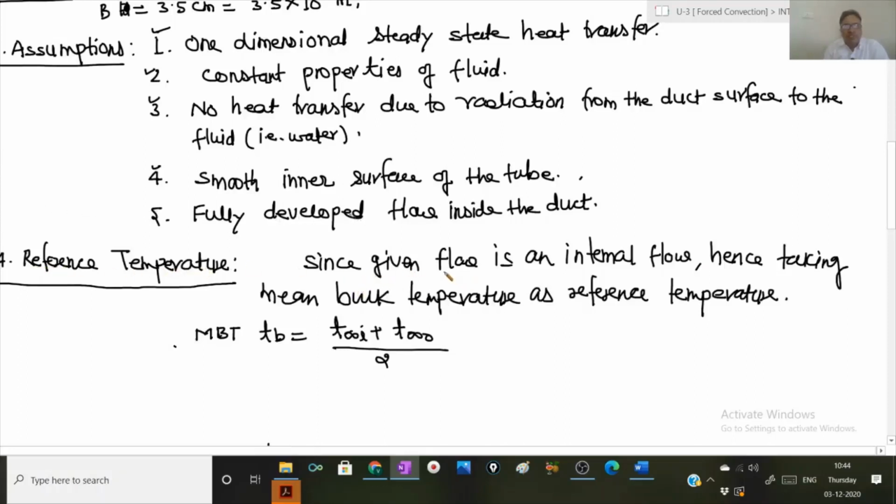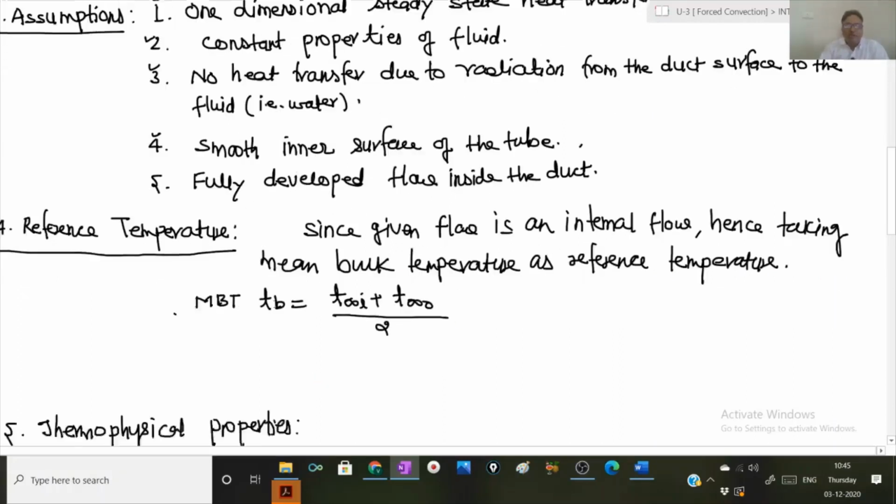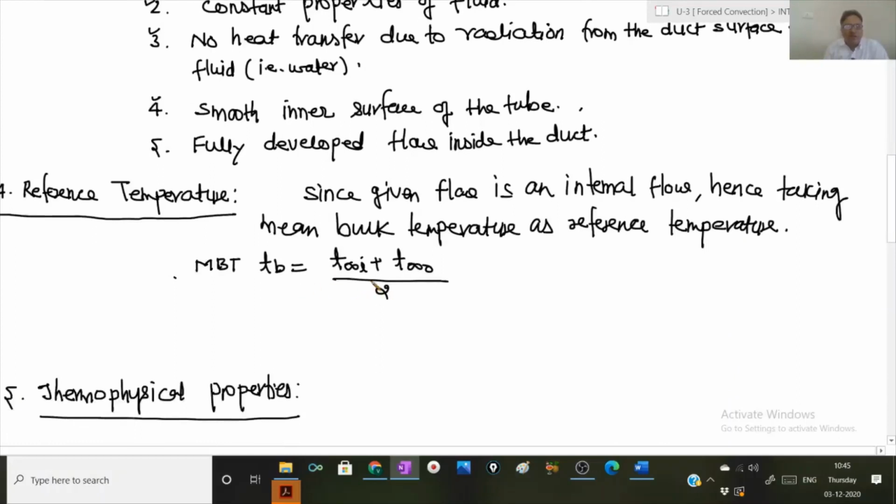Since in the given problem the water is flowing through the rectangular pipe, it is an internal flow, and as per the convention, taking mean bulk temperature as reference temperature, mean bulk temperature can be calculated as average of T infinity I and T infinity O. So from this, mean bulk temperature can be calculated as 40 degrees Celsius plus 70 degrees Celsius divided by 2, this comes out to 55 degrees Celsius.